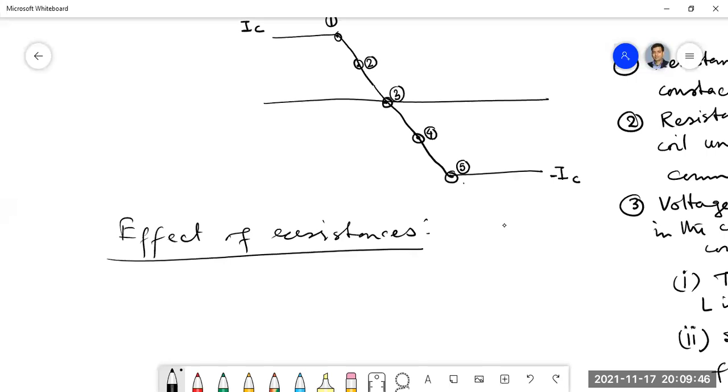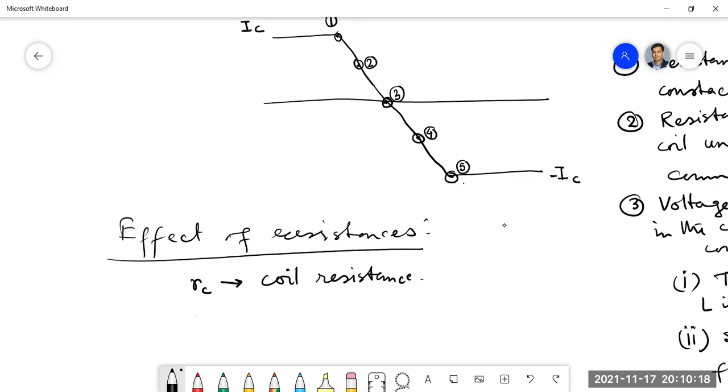Are you getting what I'm saying? Should we take only one resistance or two? Let us say RC is the coil resistance. And what about the contact resistance? Suppose for the instant 2, should you take only one contact resistance or two?